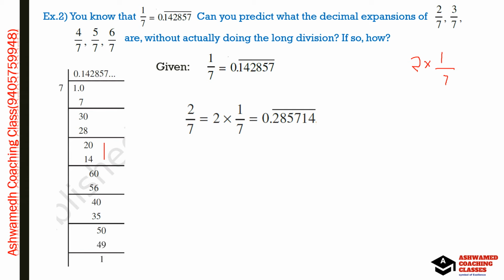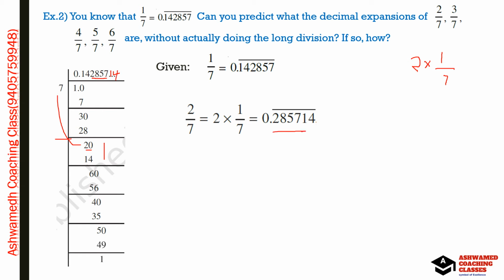We cannot divide 2 by 7, so our division actually starts from here. Therefore in the expansion our quotient starts from 0.2857 and again 14 after this. Got it? So there is 285714.